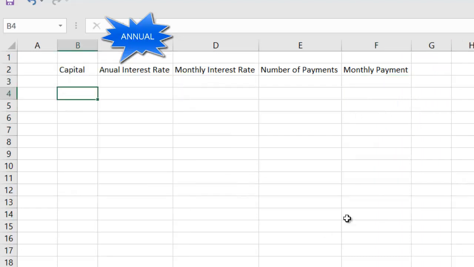So let's start with a very practical example. You're the employer, and since banks are lending money at a very high interest rate, you decide that you want to help your employees by lending them some money. You are just going to deduct that money from their payments every month.